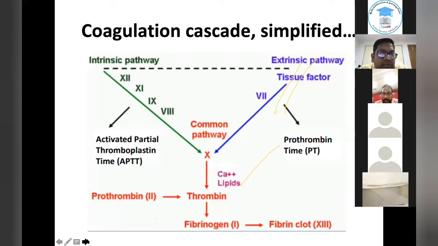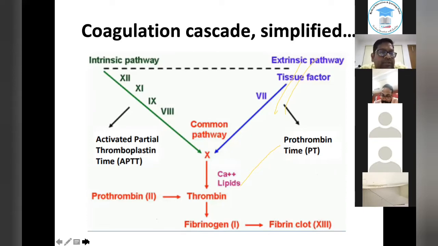The intrinsic and common pathway defects are reflected by the activated partial thromboplastin time. Similarly, the extrinsic and common pathway defects are reflected by the prothrombin time. To say in simpler words, intrinsic pathway defects are governed by your APTT test. Extrinsic pathway, that is tissue factor and factor 7, is governed by your PT test. And common pathway defects will be reflected in both APTT and PT.